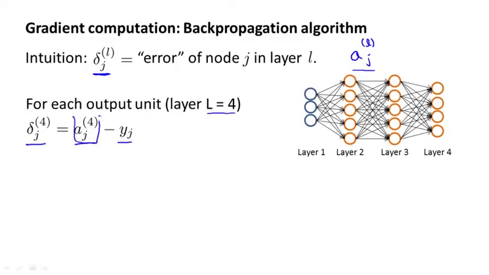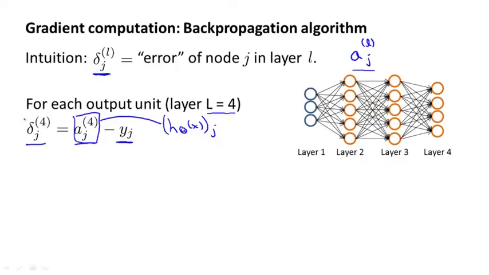So this term here can also be written h of x subscript j, right? So this delta term is just the difference between what our hypothesis output and what was the value of y in our training set, where this y subscript j is the jth element of the vector value y in our labeled training set.